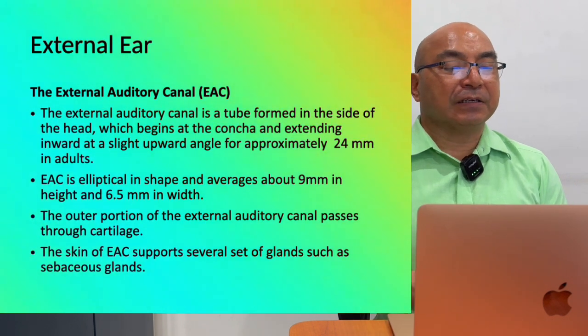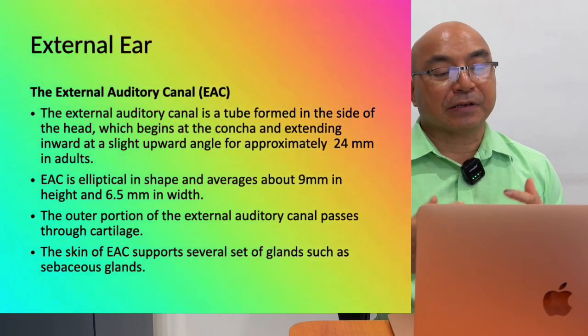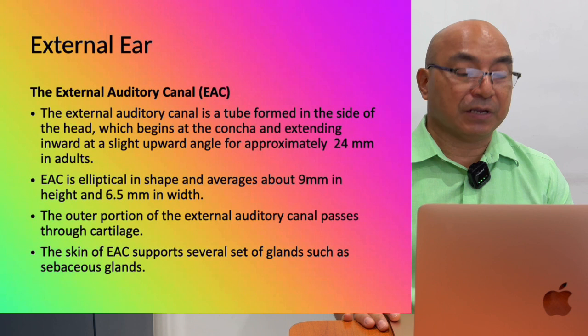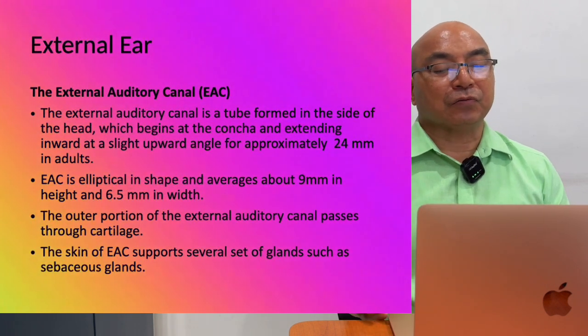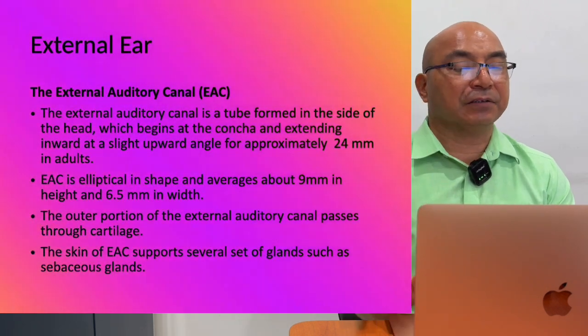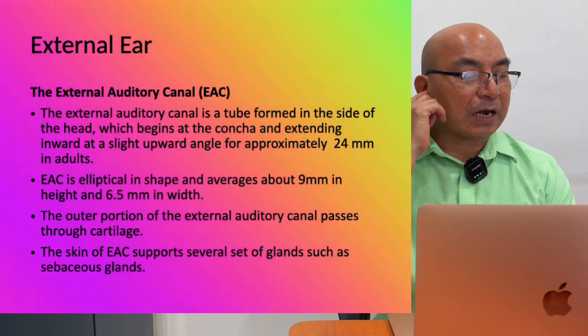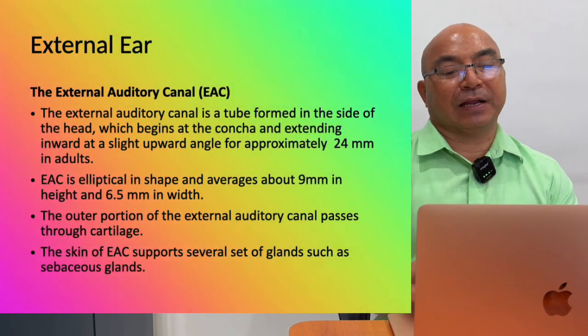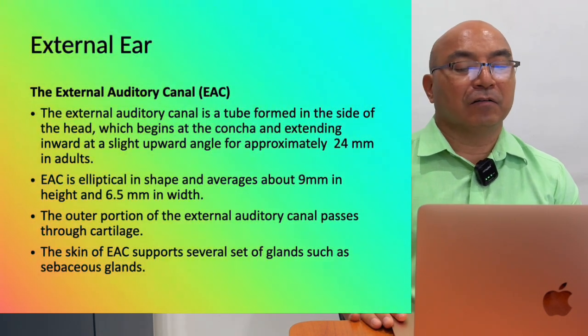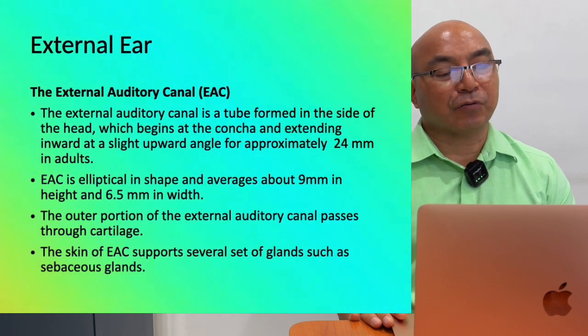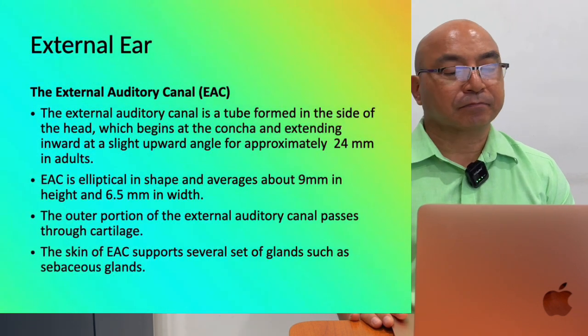Now the external auditory canal, or external auditory meatus, is a tube formed in the side of the head which begins at the concha, extending inward at a slight upward angle for approximately 24 mm in adults.